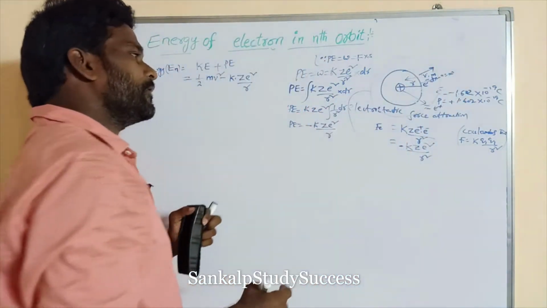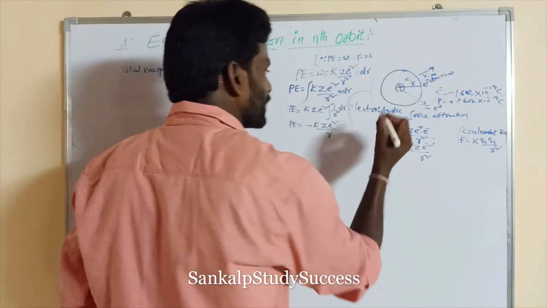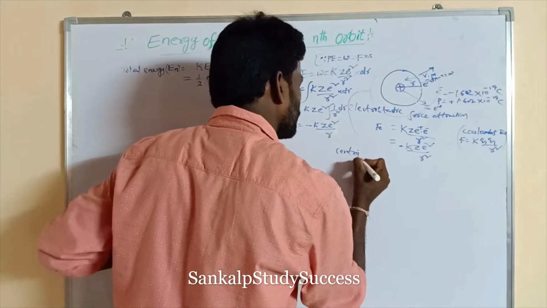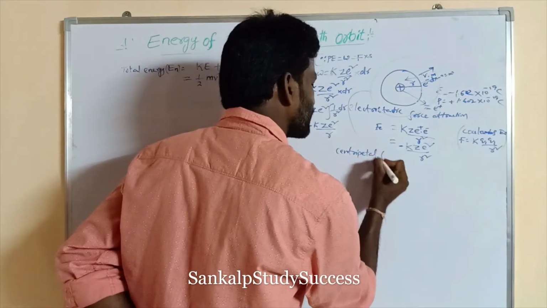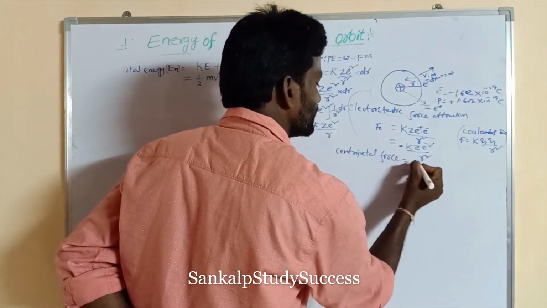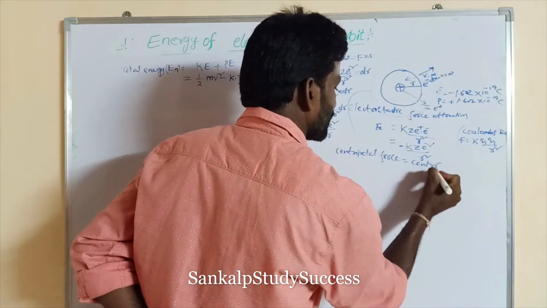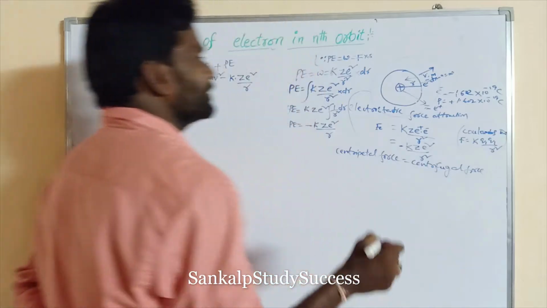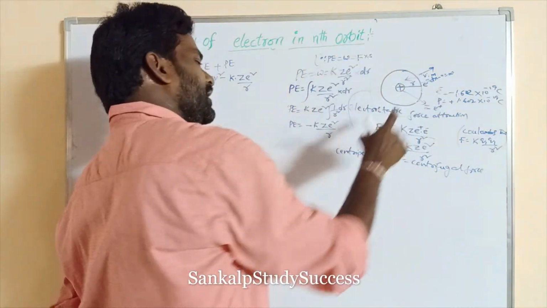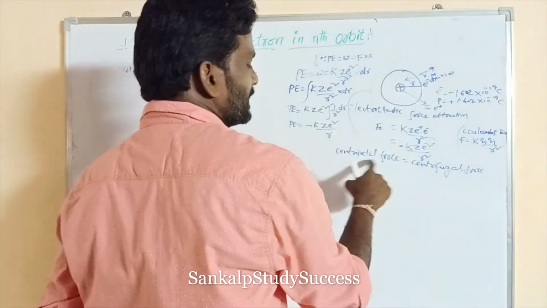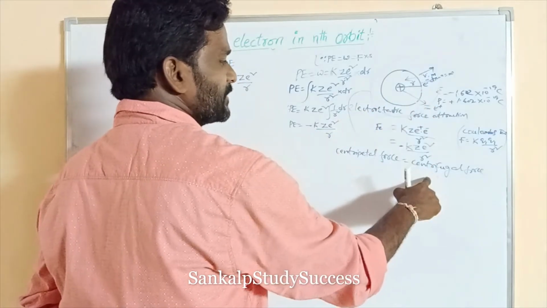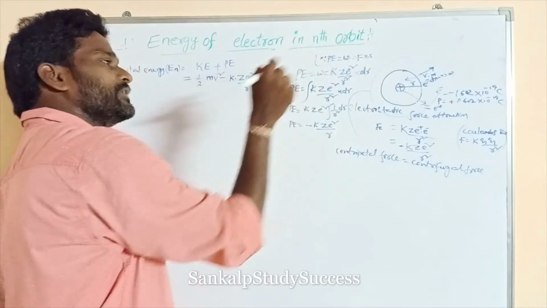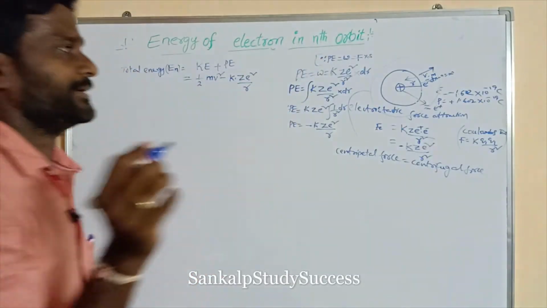When the centripetal force is equal to the centrifugal force, the electron can revolve around the nucleus in a stationary orbit.